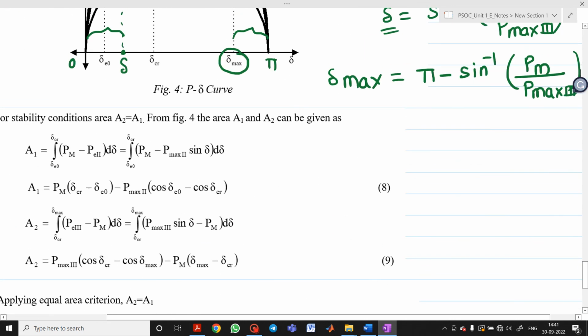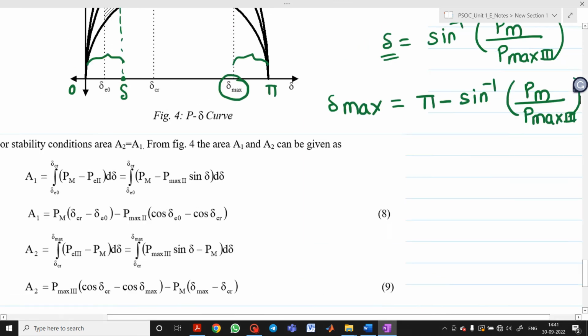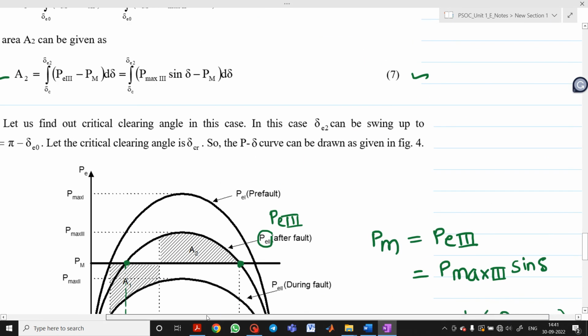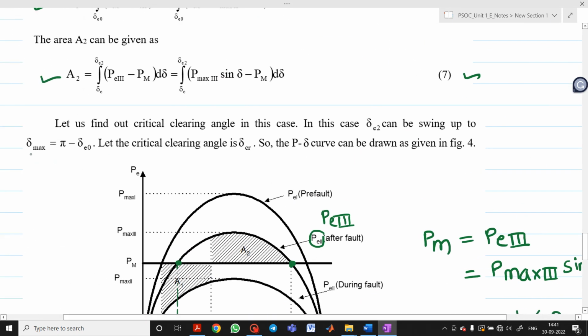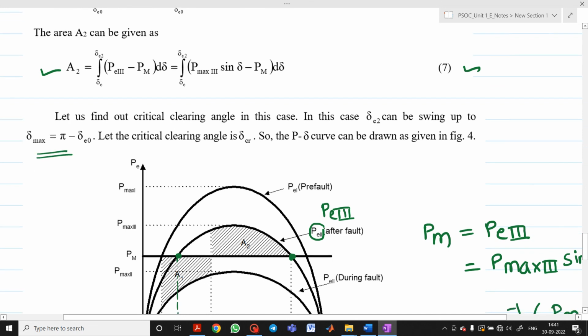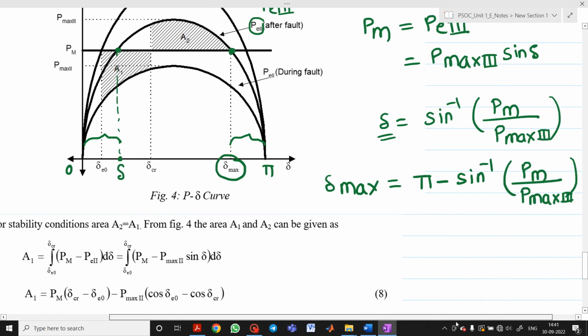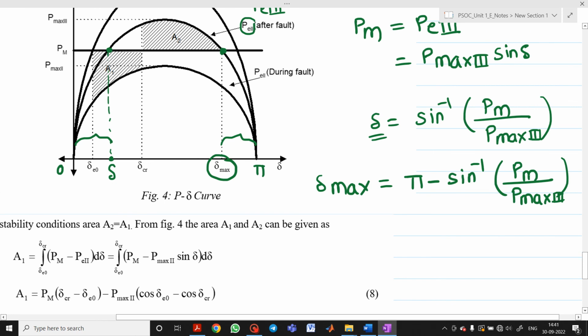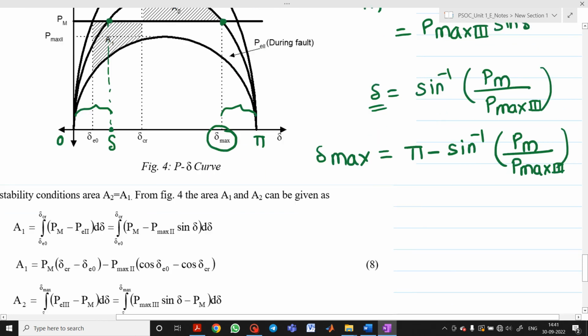So this is the value of delta max. Already we have determined this. Delta max is pi minus delta E0, but instead of delta E0 we can say pi minus sine inverse of PM upon Pmax3.